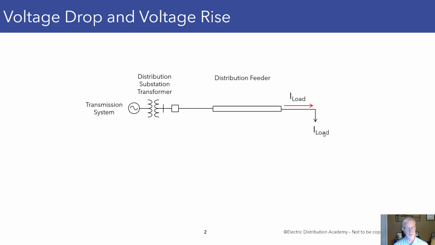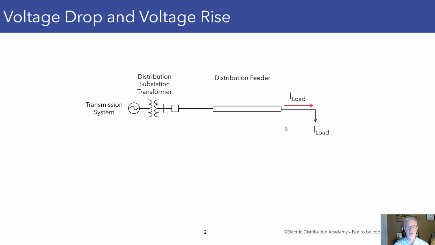A load could be a neighborhood or it could be a shopping center, any type of electrical load that draws current. And this I is the abbreviation for current. In reality, the load is distributed all along the feeder, but in this simple example, we'll just put it at the end of the feeder here.